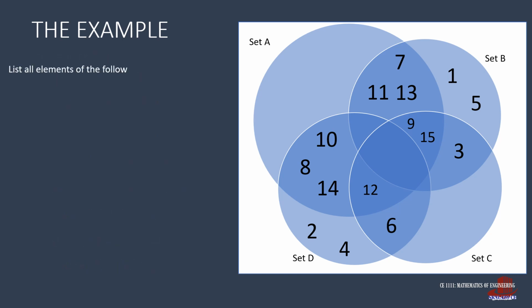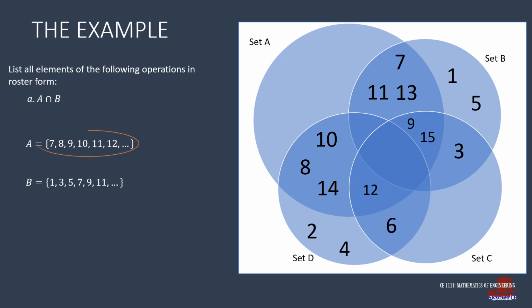The first operation is the intersection of sets A and B. Using the Venn diagram, it is easy to visualize the part to consider. The overlap of sets A and B is the common elements from the natural numbers starting at 7 and the odd numbers starting at 7.